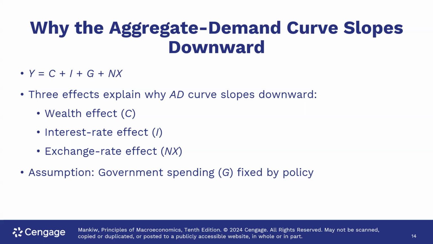So when the asset value increases, it will increase your wealth, and this wealth will increase your tendency, or the propensity, to consume. So that is a wealth effect. So when the price level goes up, you can see that everything increases in price, so it is also valid for your assets, right?